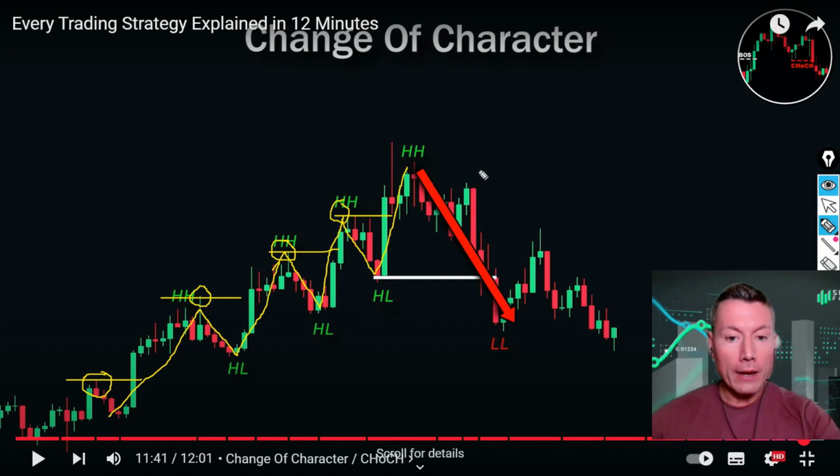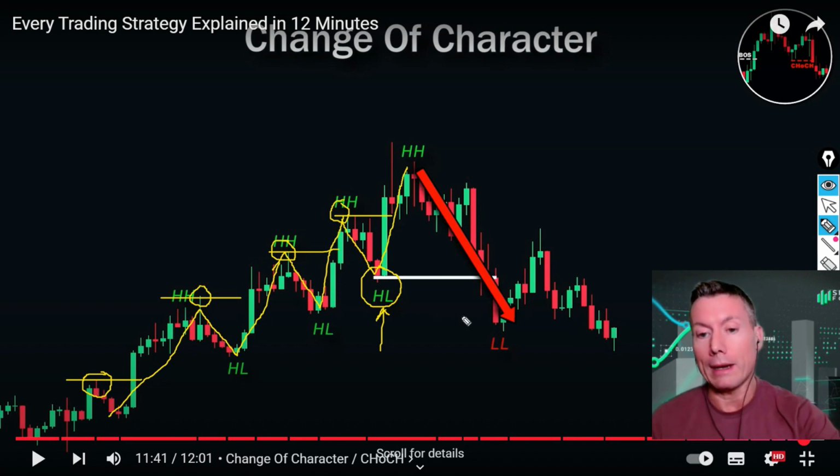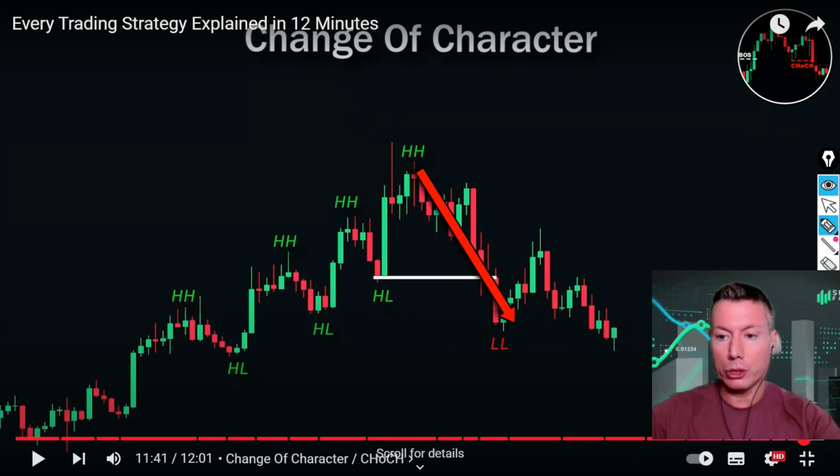Now, if we break one of these higher lows, the last higher low specifically, then that is a change of structure. They call it a change of character, but it is a break of structure and a change of trend. Okay, because as soon as we break this low, we start to get a new market structure.